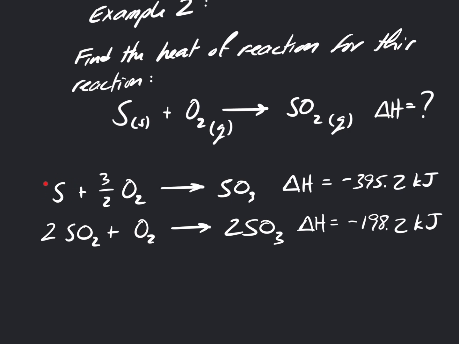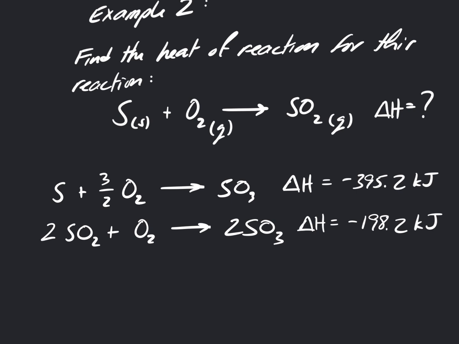So that one sulfur, in order to turn into sulfur trioxide, is going to take this amount of energy. 2 moles of sulfur dioxide combines with oxygen to make sulfur trioxide, and that is going to give off this amount of energy. Please don't let these weird coefficients throw you off. They're just numbers. It's not a big deal.